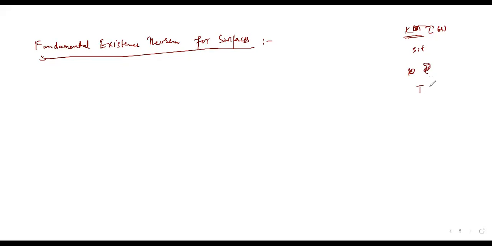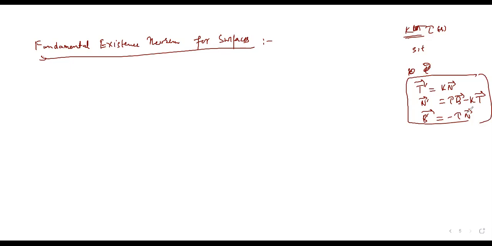k, t dash, अगर ऐसा triplet of vectors है, so that t dash is equal to kn, n dash is equal to tau b minus kt, and b dash is equal to minus tau n. अगर ये तीन डिफरेंशियल इक्वेशन सेटिस्फाई होती है with the triplet of vectors t, n and b, then there exists a unique curve up to rigid motion in R3, which has got curvature k and torsion tau.